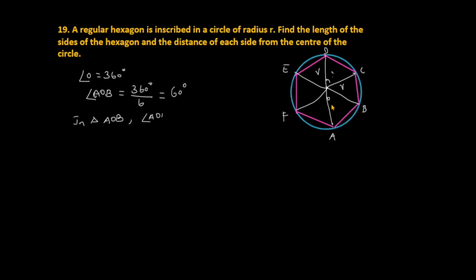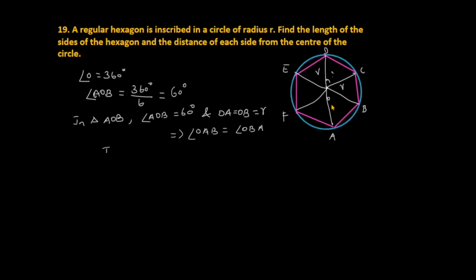Here angle AOB is equal to 60 degrees and OA is equal to OB is equal to the radius of the circle, which means angle OAB is equal to angle OBA. Angles opposite equal sides are equal.